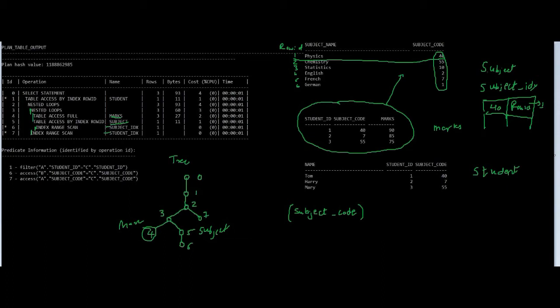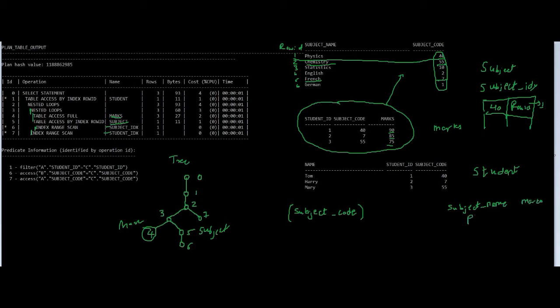So what it will do, it will compare these two common values. The common values are 40, 7 and 55. We get subject names physics, chemistry and French, and corresponding marks 90, 85 and 75. Now we have subject name and then marks.